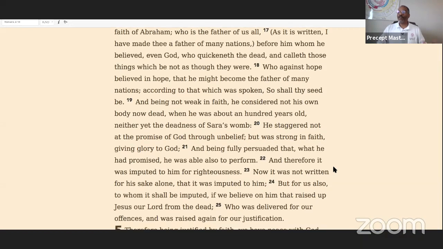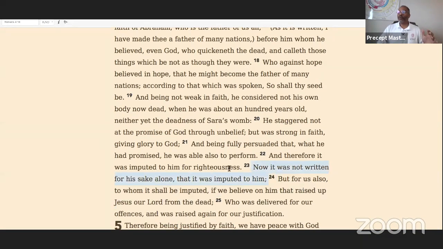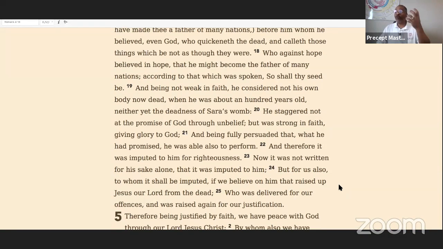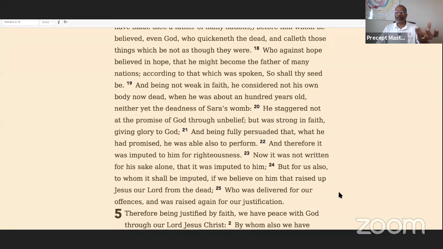And for that reason, it was imputed to him for righteousness. Now it was not written for his sake alone. It was imputed to him, but for us also, to whom it shall be imputed if we believe on him that raised up Yahweh Shai the Messiah from the dead.